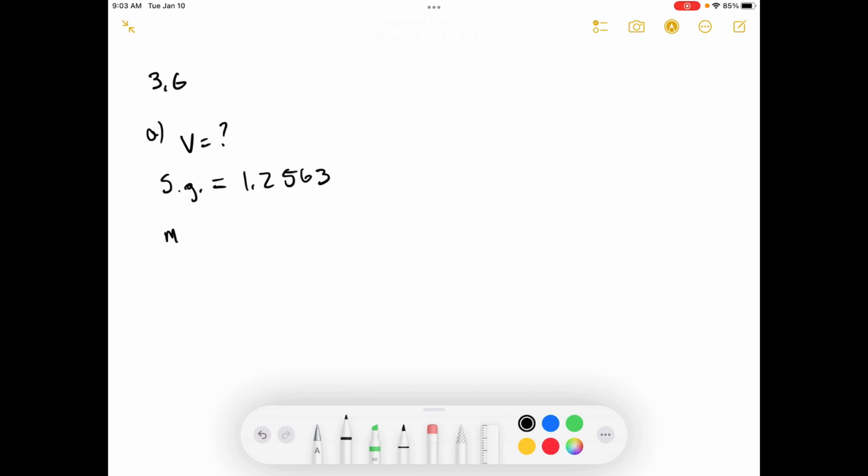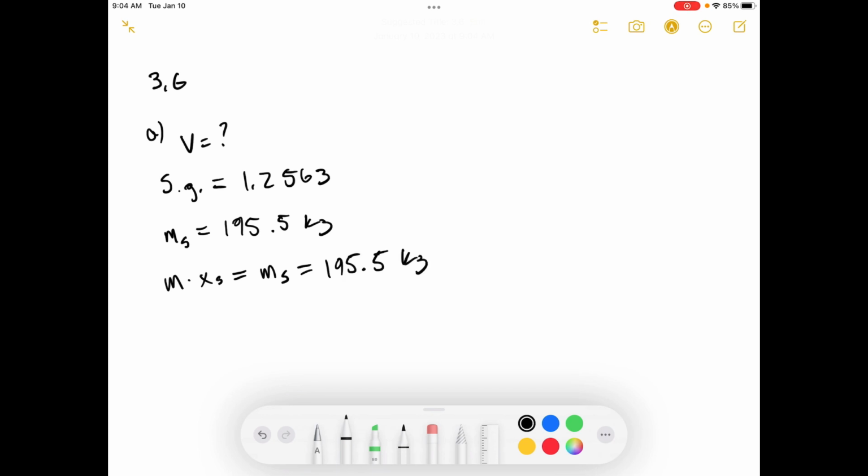is equal to, or the mass of the sulfuric acid is equal to 195.5 kilograms. So we know that the total mass times the mass fraction of sulfuric acid equals the mass of sulfuric acid.